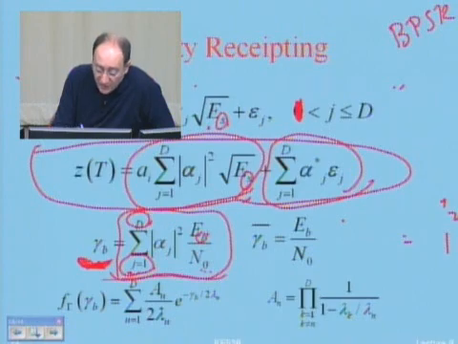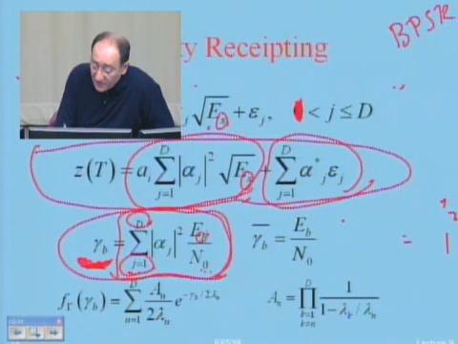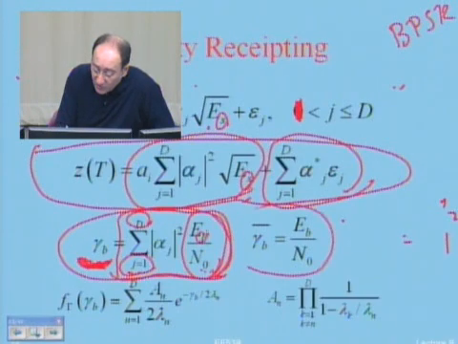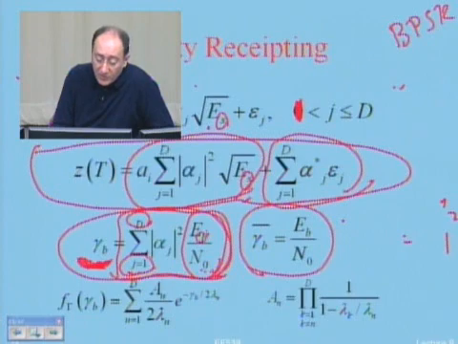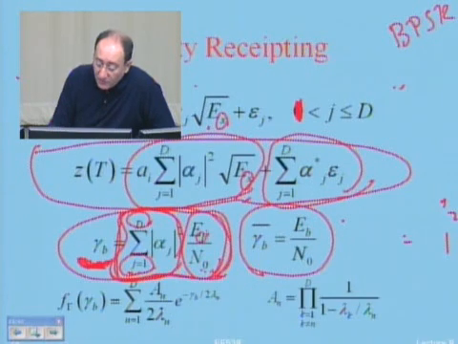This is the total signal-to-noise ratio that I have. Okay? Now, how about the average of that? The average of this, gamma B average, would be EB over N0, because these random variables are normalized to 1. I normalize them to 1.